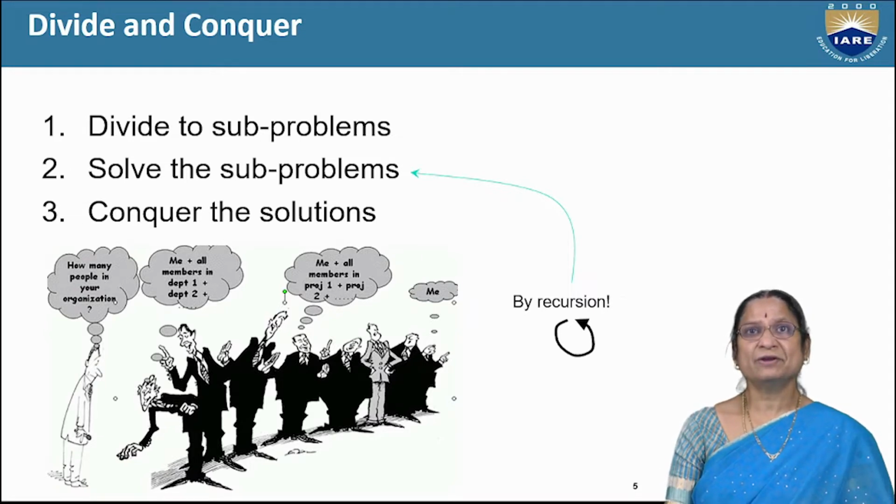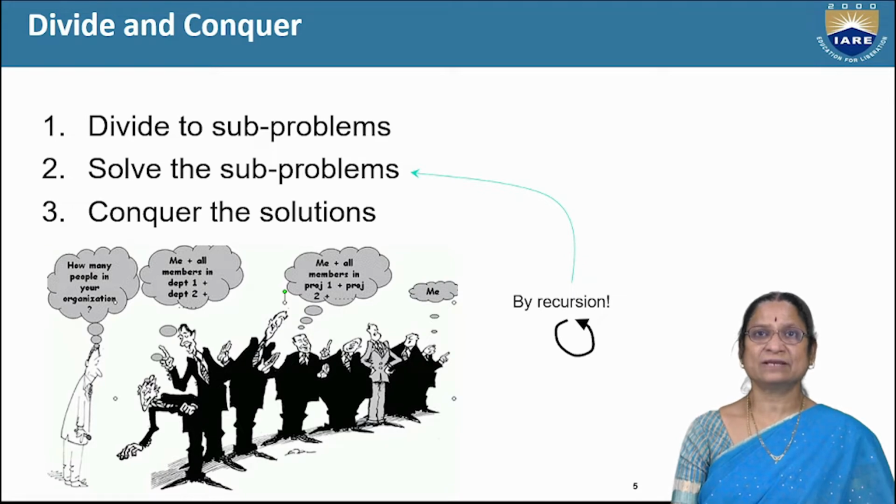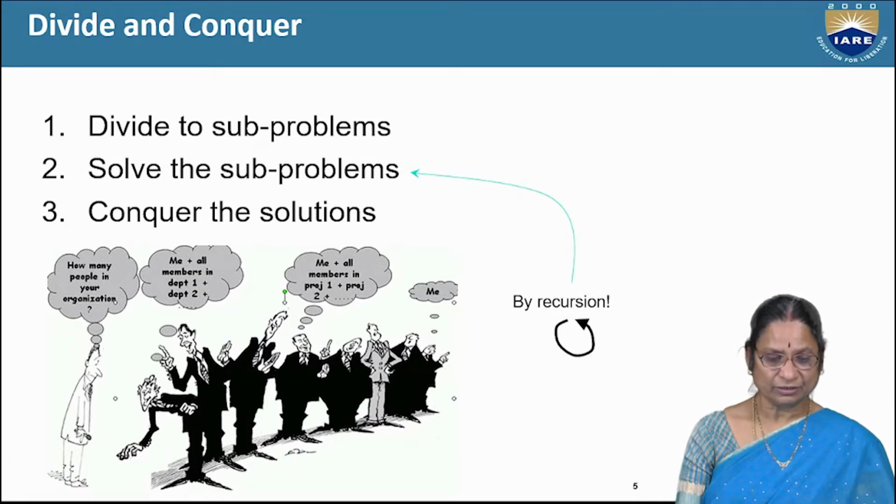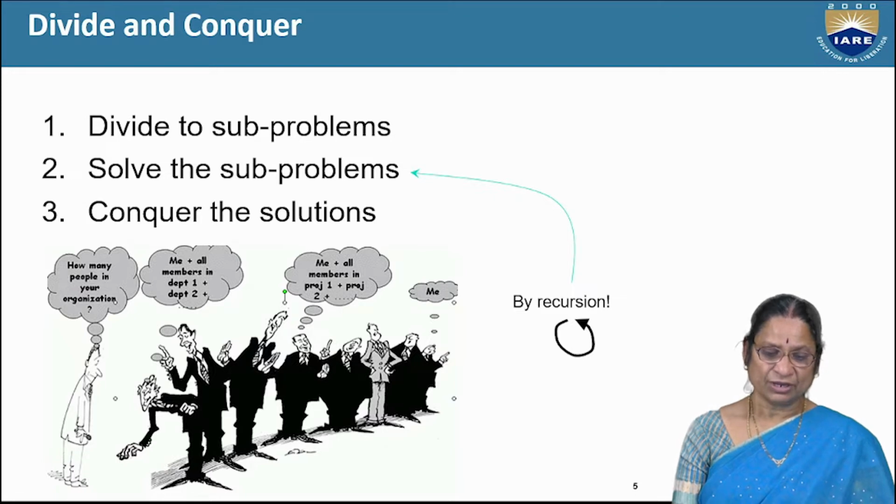So we will use this concept as long as the sub-problems are going to be divided further, solved again, and divided further, and so on, till we get a problem of size k such that it can be solved independently and easily.